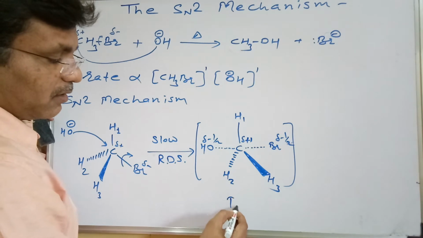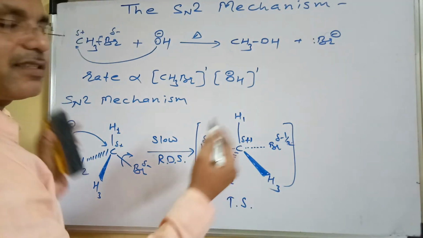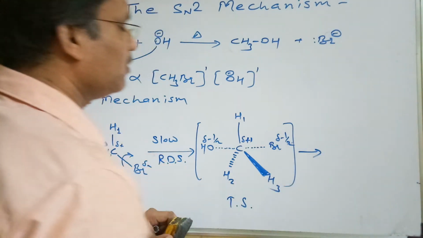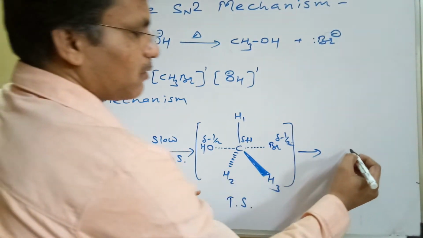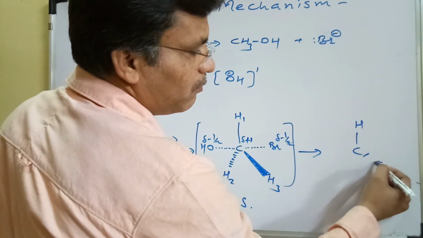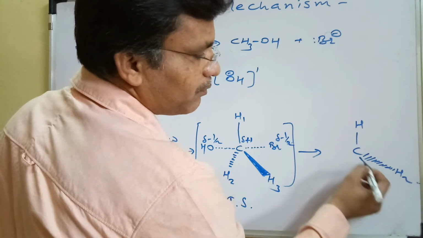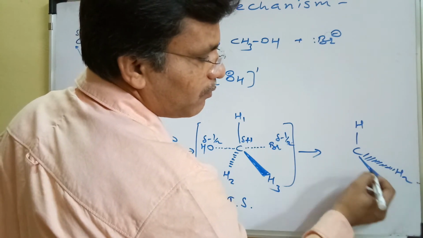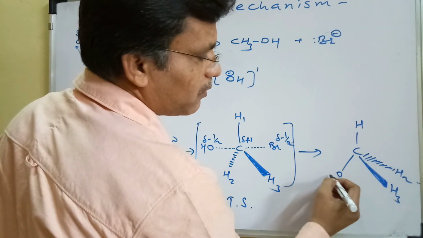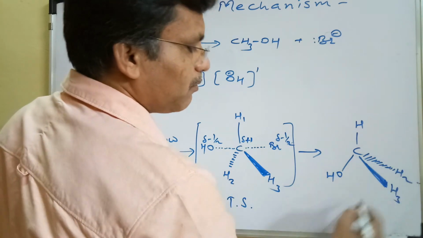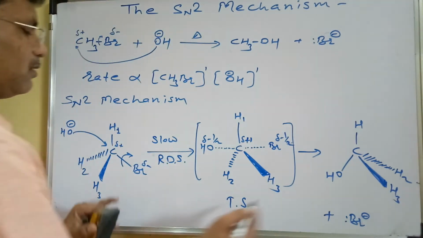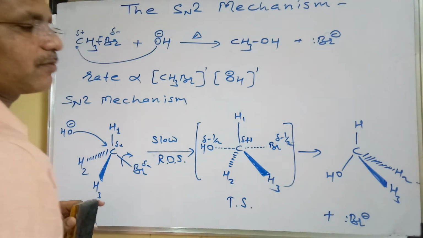See, this is nothing but the transition state. A transition state is transitory: in a fraction of a second this state is obtained, and then immediately it is converted into product. So the product becomes here CH3OH plus Br minus, this is the good leaving group.